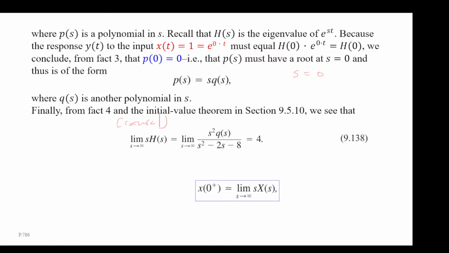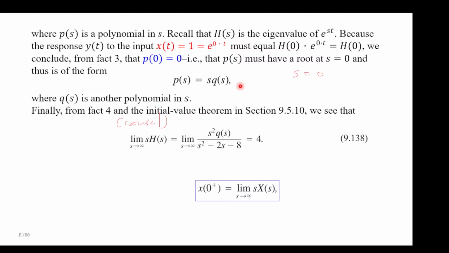Since P is a polynomial and P of 0 equals 0, P of s has no constant term, or in other words P of s has a root at s equals 0. So you can factor out this root with just s, and P of s equals s times another polynomial Q of s.